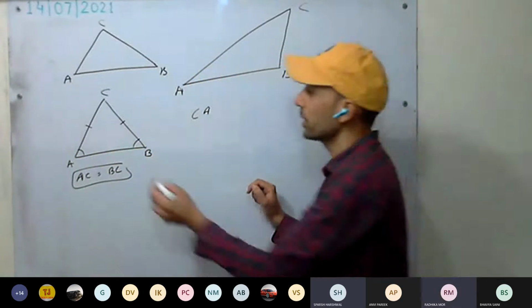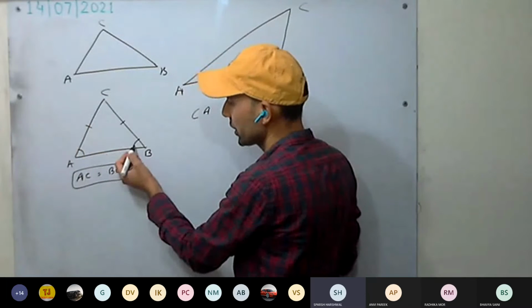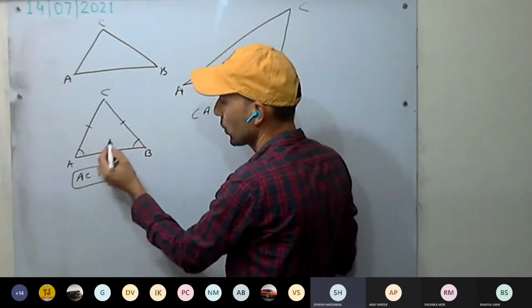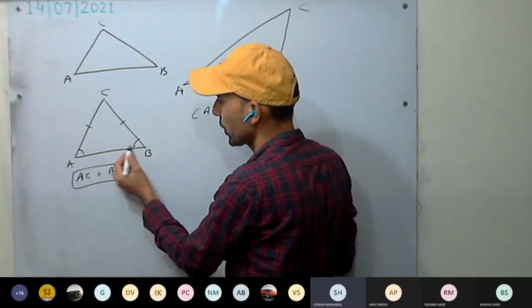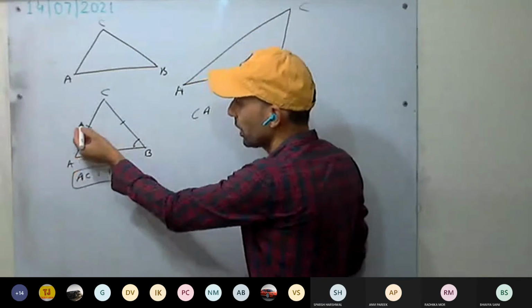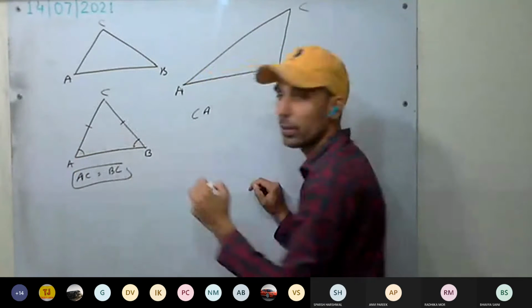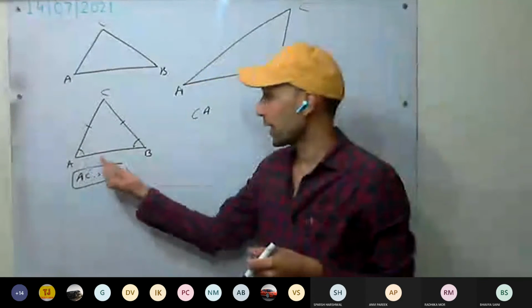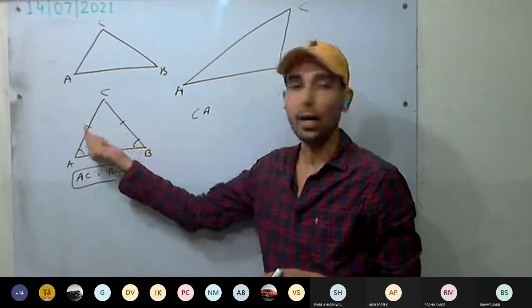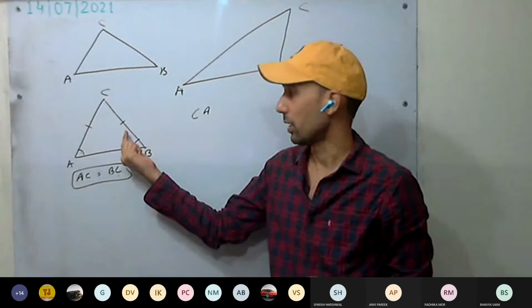The side opposite to AC is this angle, opposite to BC is angle A. So if these two sides are equal, these two angles will be equal. Or conversely, if two angles are equal in a triangle, then the sides opposite to them are also equal.